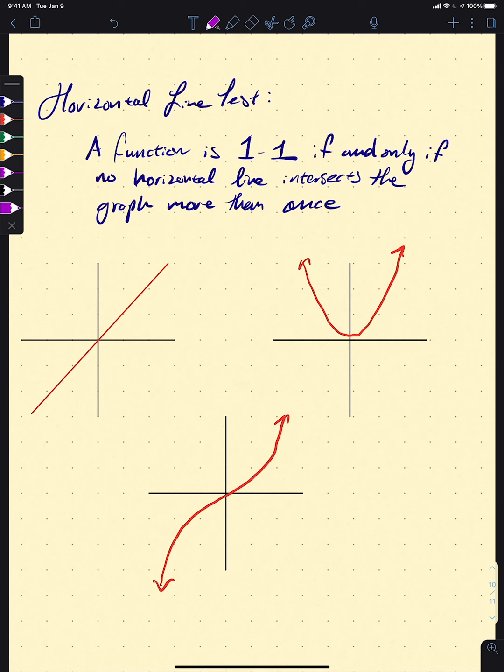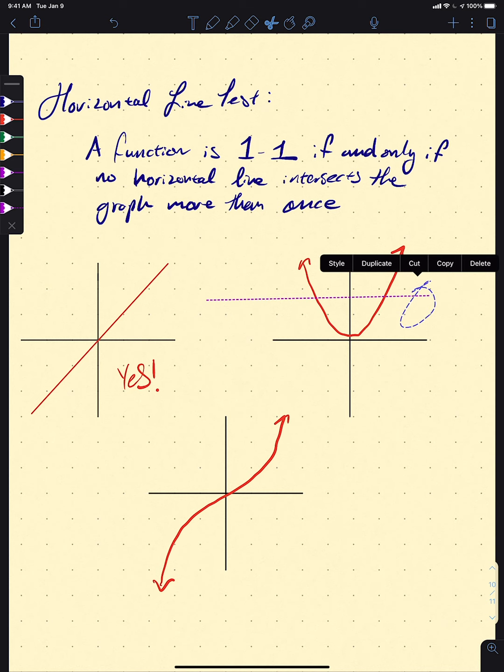Let's grab our horizontal line and ask ourselves if these are one-to-one. As I scan my horizontal line across my function, we're only ever touching that function once. So is this one one-to-one? Yes.